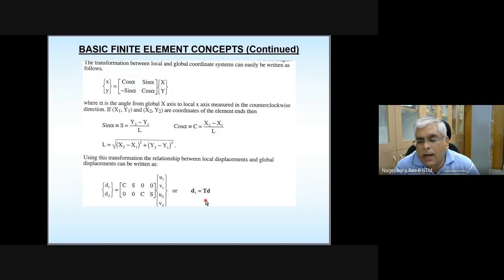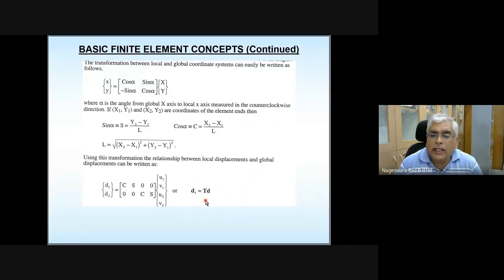An orthogonal matrix is a matrix where the transpose is the same as the inverse. Transpose of the matrix is same as inverse of the matrix. If you don't believe, you check it. How do you check it? T T transpose, if it is equal to identity matrix, then T transpose is same as T inverse.